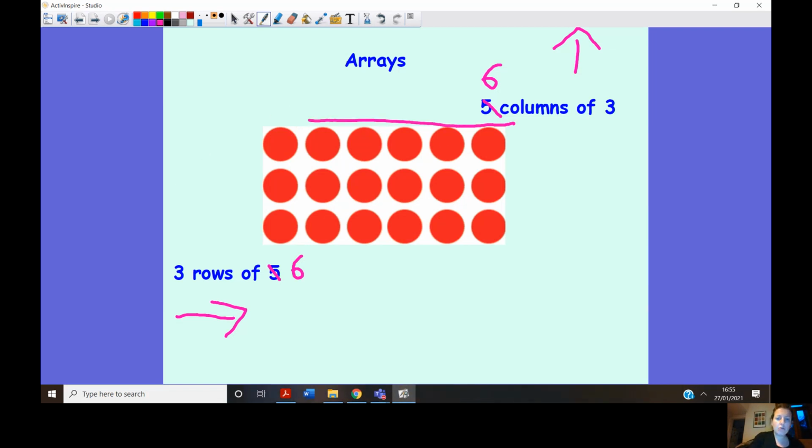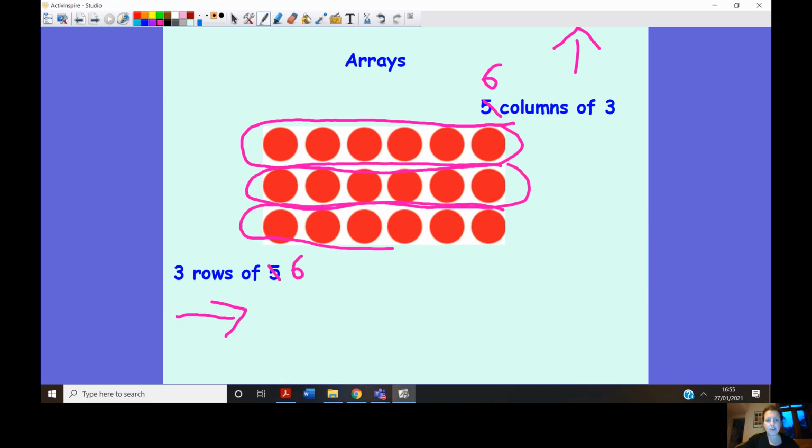So let's loop my 1 group, 2 groups, 3 groups. This is showing me 3 groups, rows of 6, which is the same as 3 groups of 6, which we know is the same as 3 times 6.